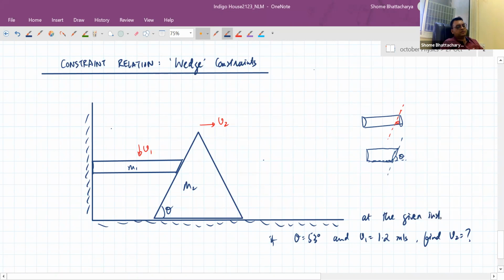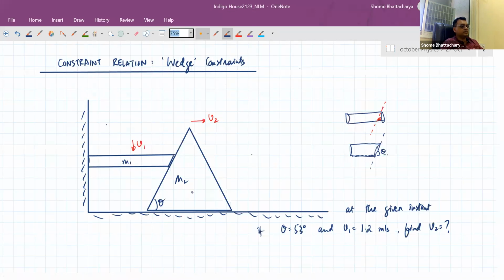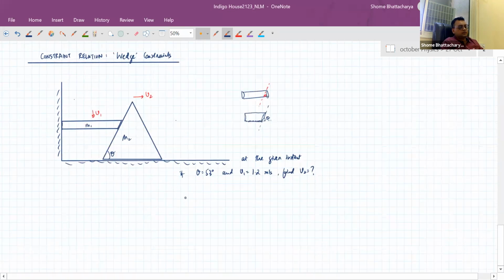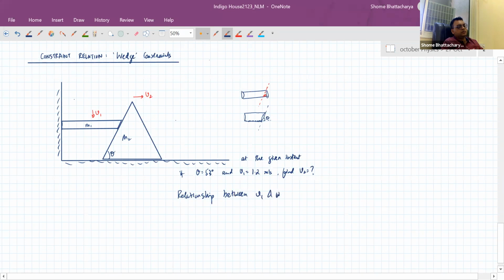So the relationship between v1 and v2 is what we call the constraint relation here. The mathematical relationship between v1 and v2 will come from what we call the wedge constraint.